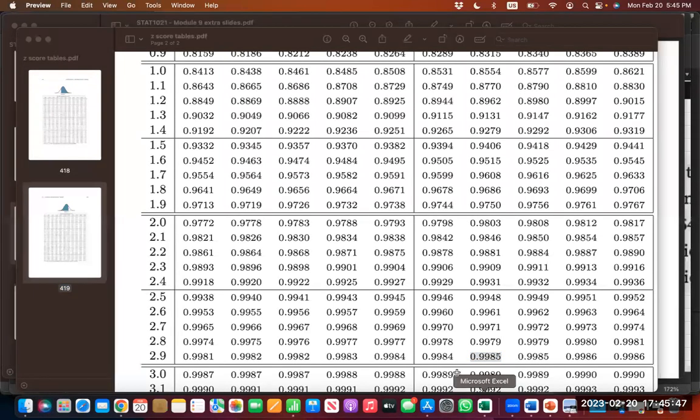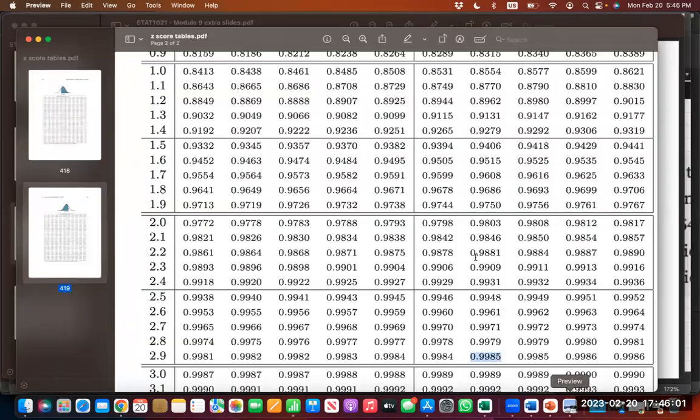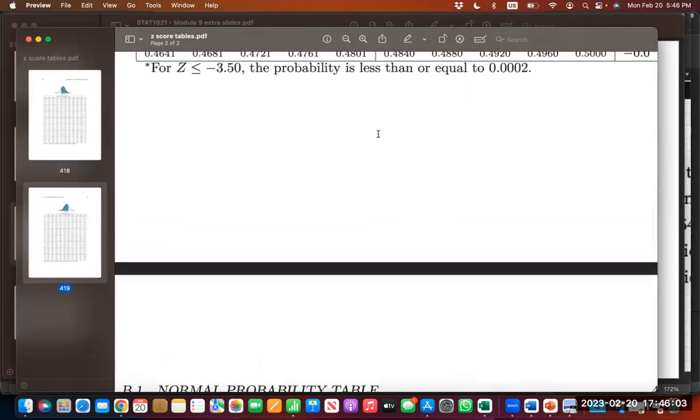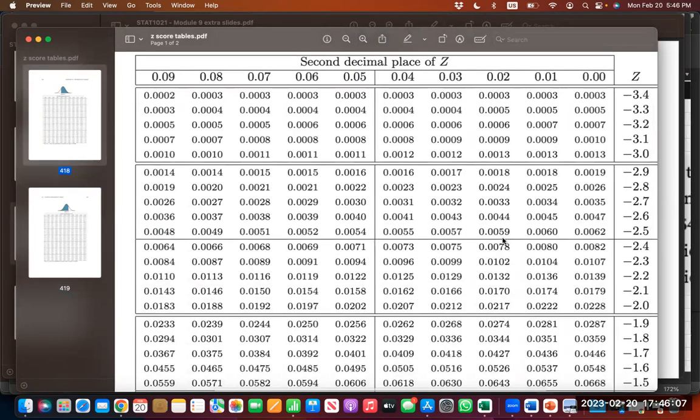So 0.9985 is 1 minus 0.9985. So that's very small. Thank you for asking the question. 2.98, because you would need to read it from the negative, and I read it from the positive.